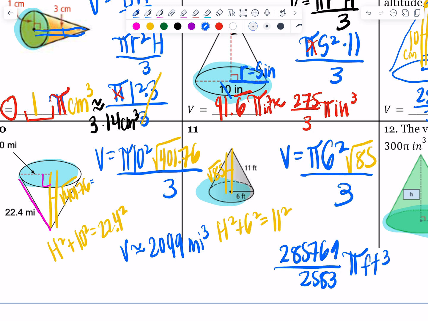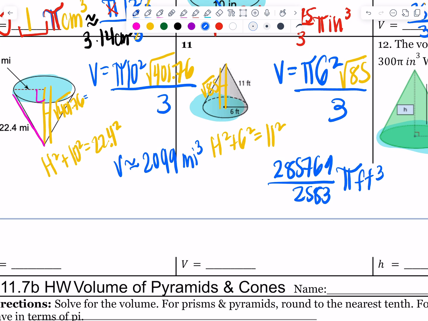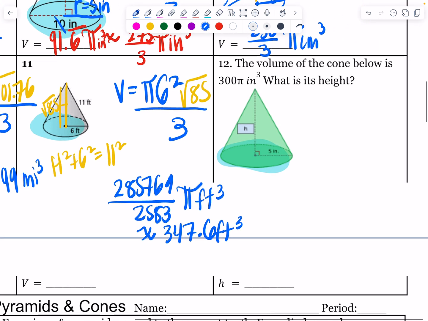And then if you did that as a decimal, if you multiply it through by pi, that would be about 347.6 feet cubed. Okay? So there's my, in terms of pi, scary looking answer with my improper fraction, and then there is my rounded answer.